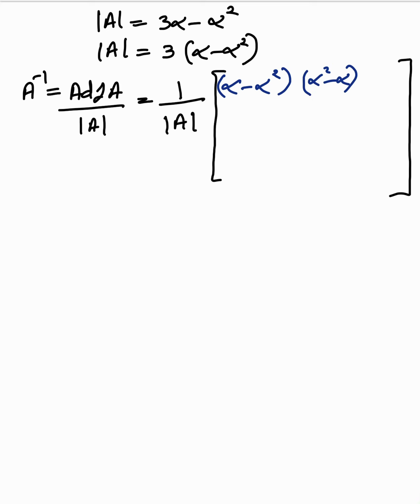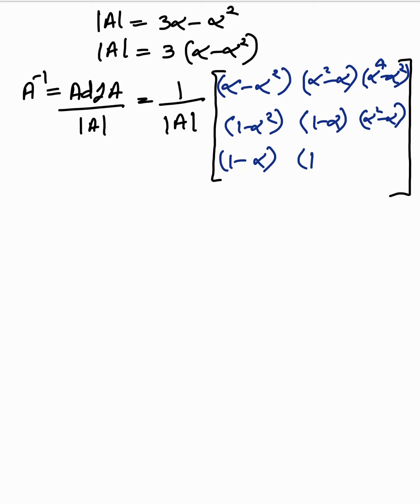Similarly you have to calculate all the parameters: alpha square minus alpha square, 1 minus alpha square, 1 minus alpha, alpha square minus alpha, 1 minus alpha, 1 minus alpha square, and alpha minus alpha square. And what about the signs? Positive, negative: this one is negative, this one is negative, and this one is negative.